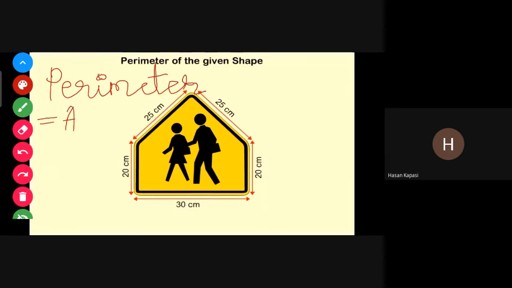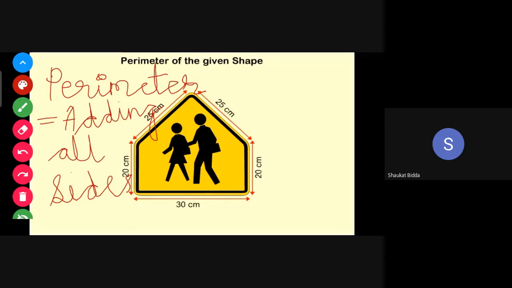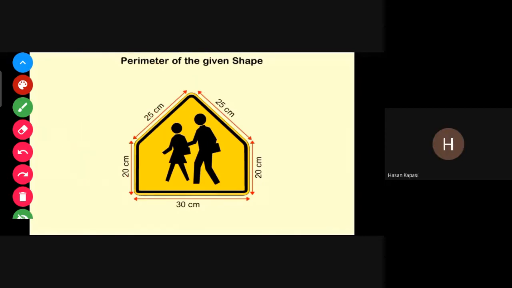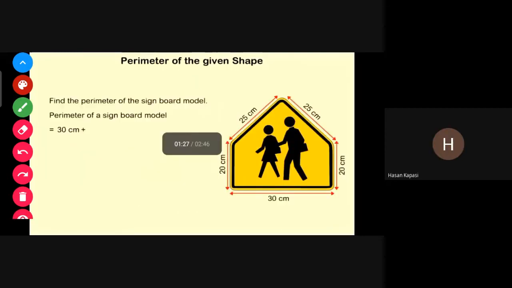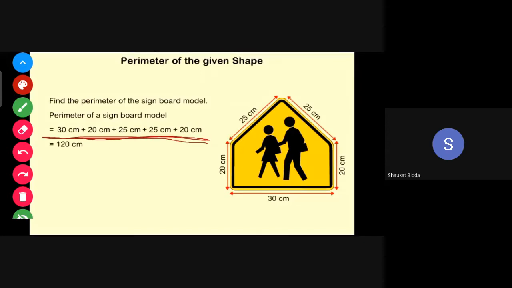Adding all the sides. Ma'am, 120 is the perimeter. Adding all the numbers, 120 is the perimeter. Here also you have to add all the sides. So here also you can see, Hassan, they have added this: 30, then 20, then 25, then again 25, and then 20.